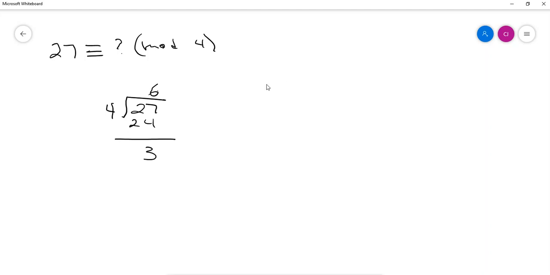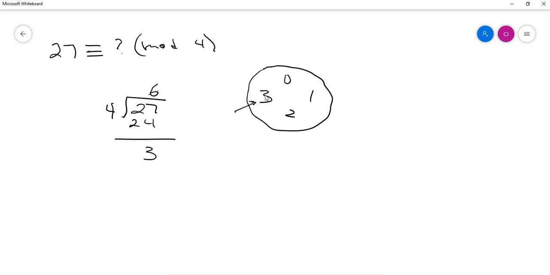So let's see if that's true. I'm going to just draw a quick, very rough circle. 0, 1, 2, 3. So what we're saying is if I started here and I counted 1, 2, 3, 4, keep counting 5, 6, 7, 8, 9, 10, 11, 12, and so on up to 27, right?